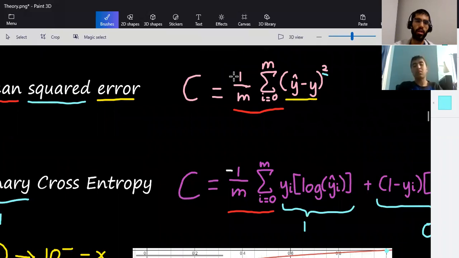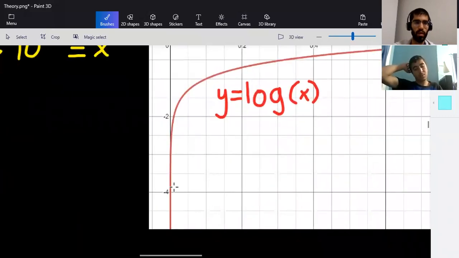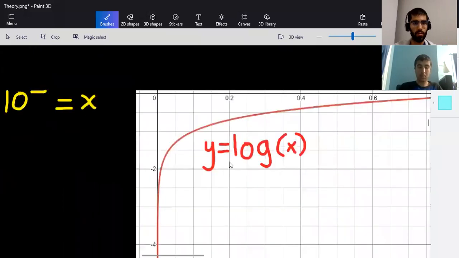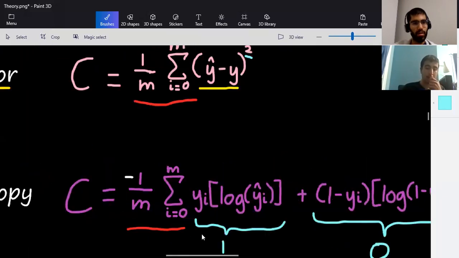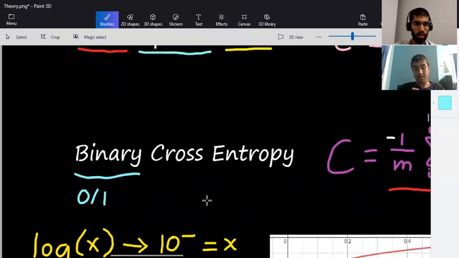Up here, we didn't have the negative 1. Down here, we do, just to make sure that when we get these negative values, we end up flipping them to positive cost. So that is, again, binary cross entropy. It's for when we have 0 or 1s.